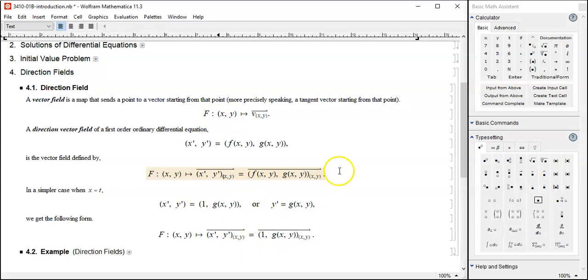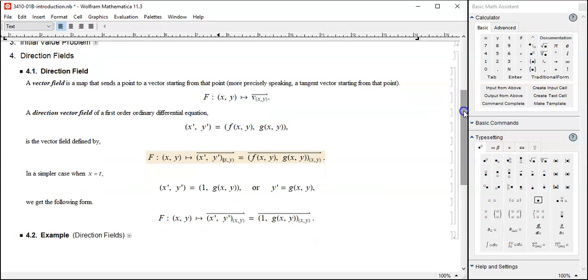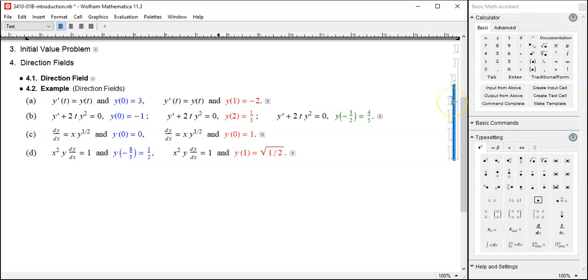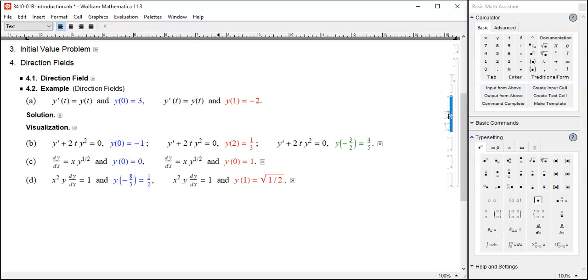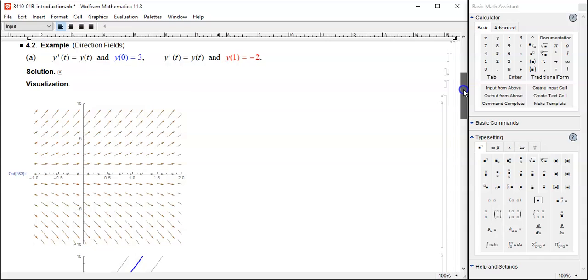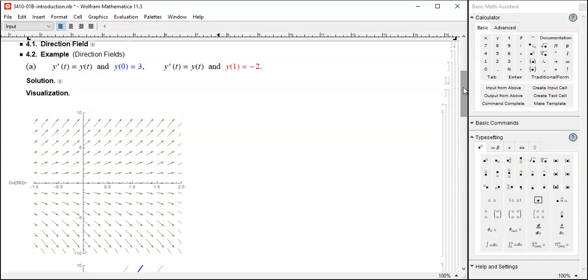We have a lot of notations here, but it's going to be hard to understand. So let's go over to example. So here's an example. So y prime is y.